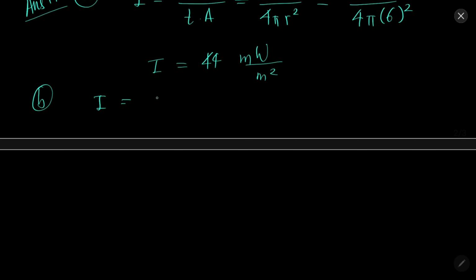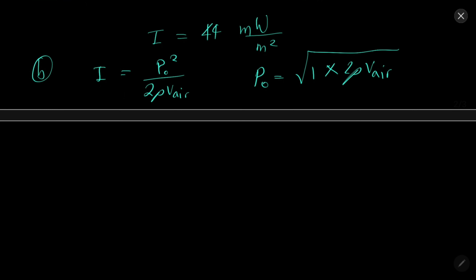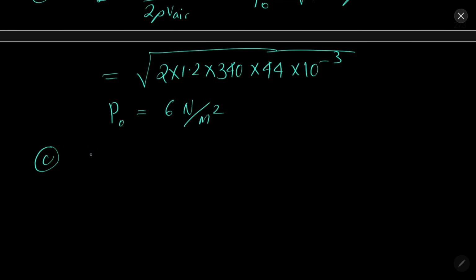B part, intensity again, P naught square over 2 rho V air. So from here P naught equal to root of 1 into 2 rho V air. Putting the value, so after this P naught will come out to be 6 Newton per meter square.